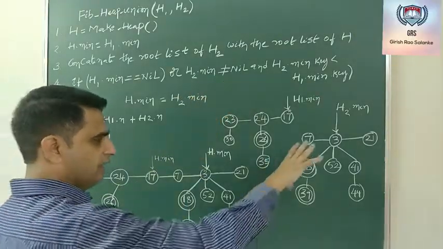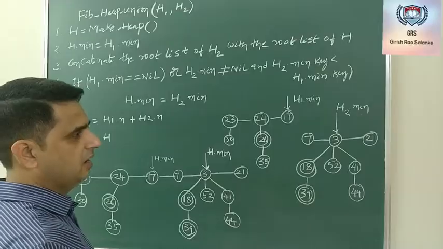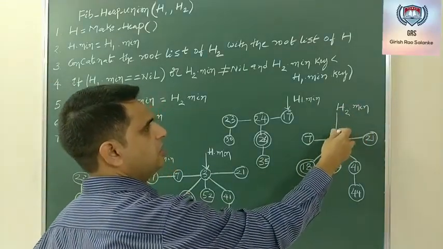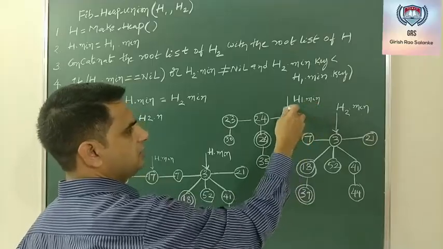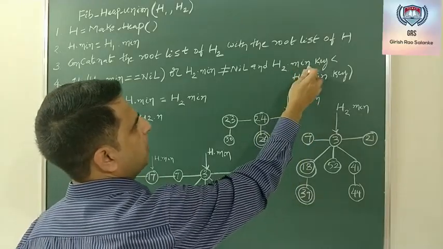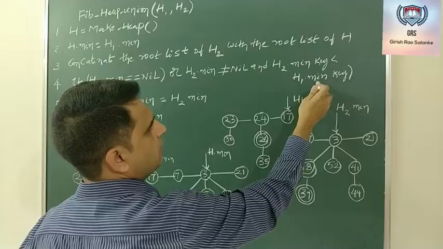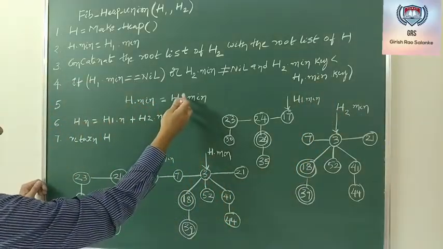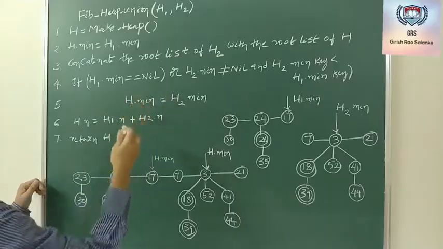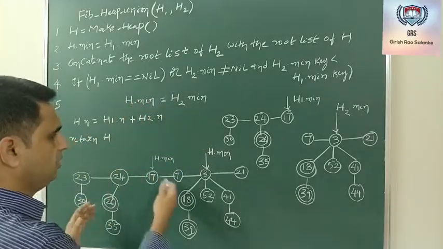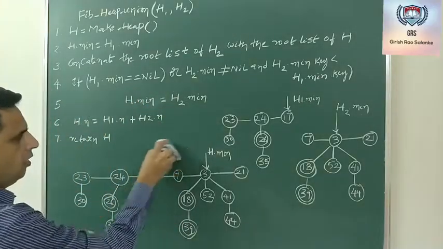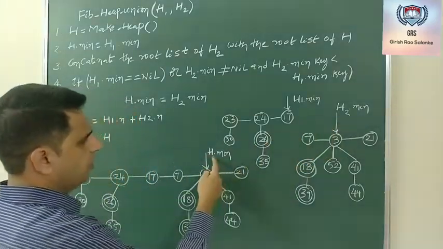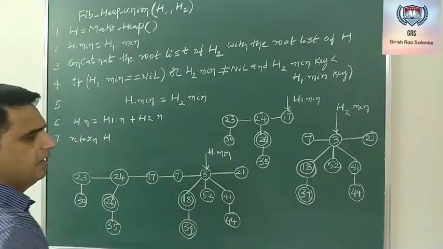In the sense, my second Fibonacci heap is there, and the min of second Fibonacci heap is lesser when compared to the first Fibonacci heap. h2 dot min dot key is less than h1 dot min dot key. Then in that particular sense, I am assigning h2 dot min as the h of min. So in this case, now this h dot min will be assigned to h2 dot min. h2 dot min was nothing but 3. This becomes my h dot min.